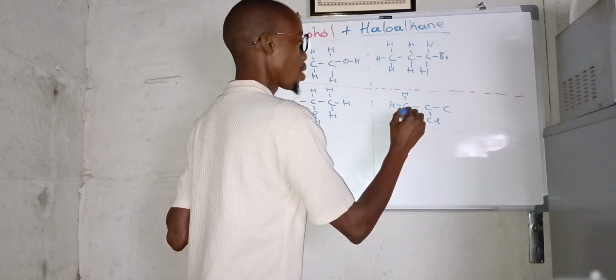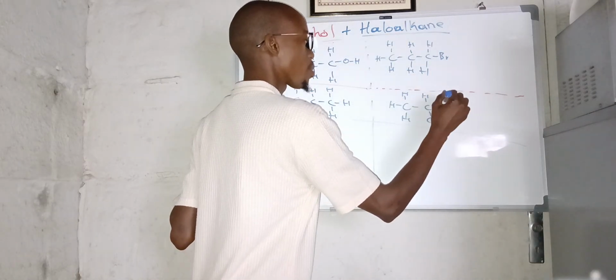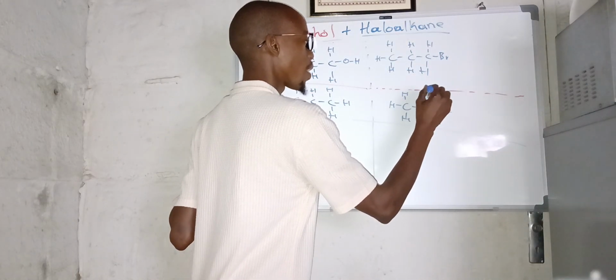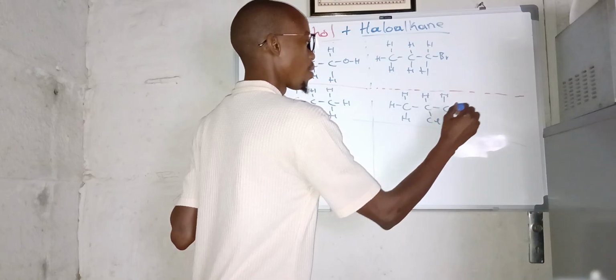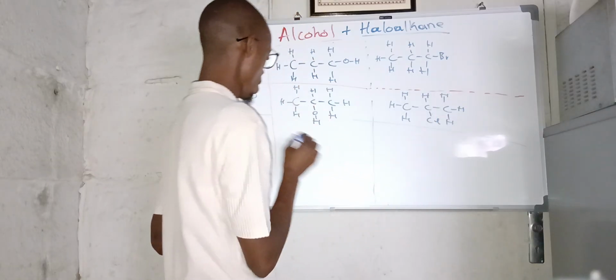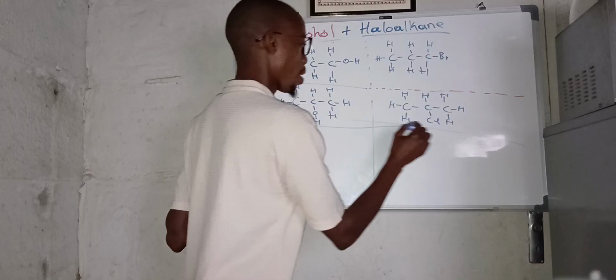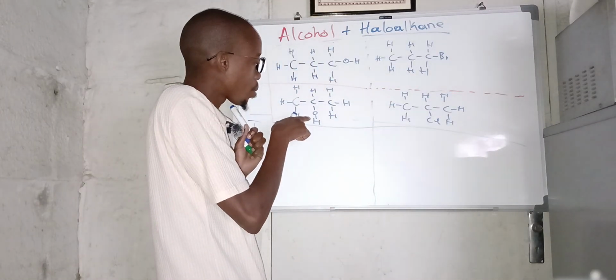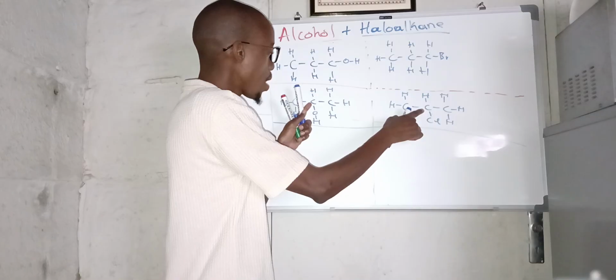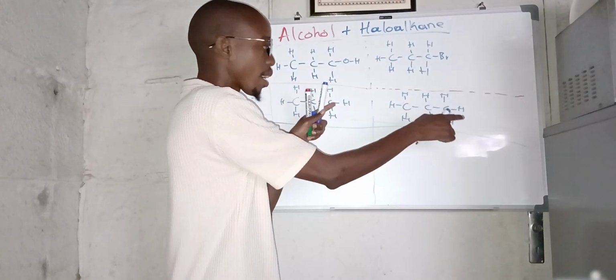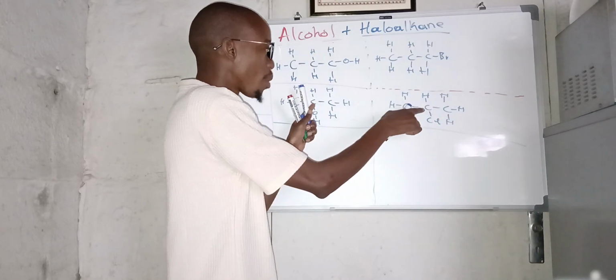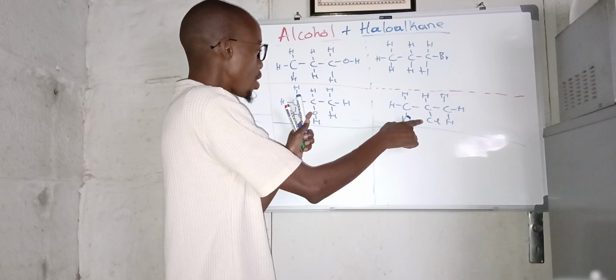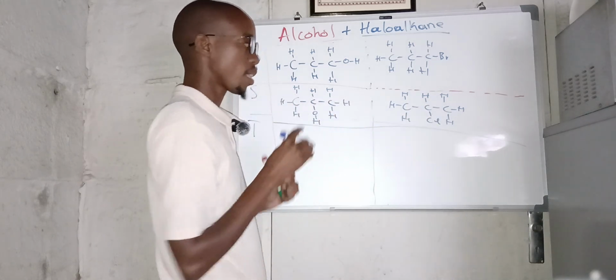I'm just going to change the halogens such that we can get variety. And then we have this. So look at this part. The carbon bonded to the functional group on both sides is bonded to two other carbons. We are focusing on the carbon bonded to the functional group being bonded to two other carbons.